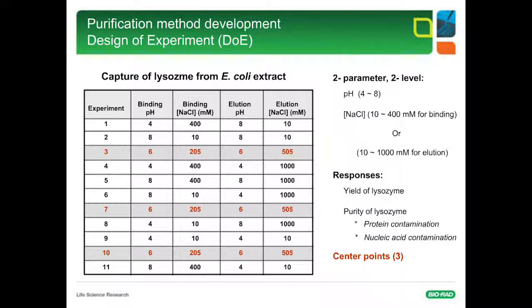This can be done in a spin column format, and in total there are only 11 experiments. You can pack a spin column with about 50 to 100 microliters of resin, and we include 3 standard points as a way to assess the reproducibility of the experiment.